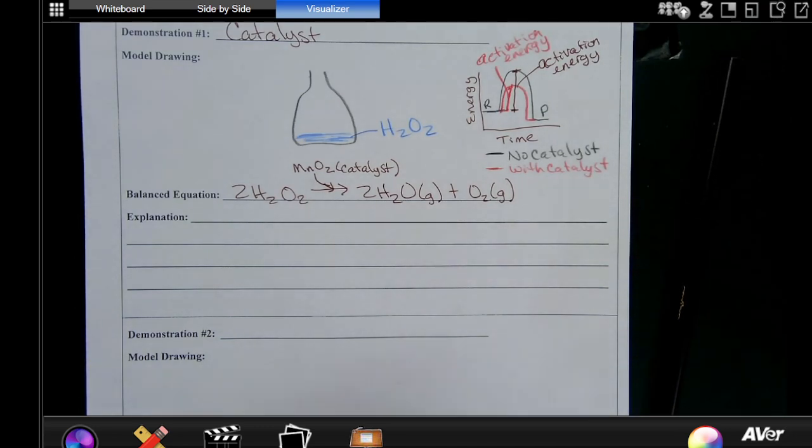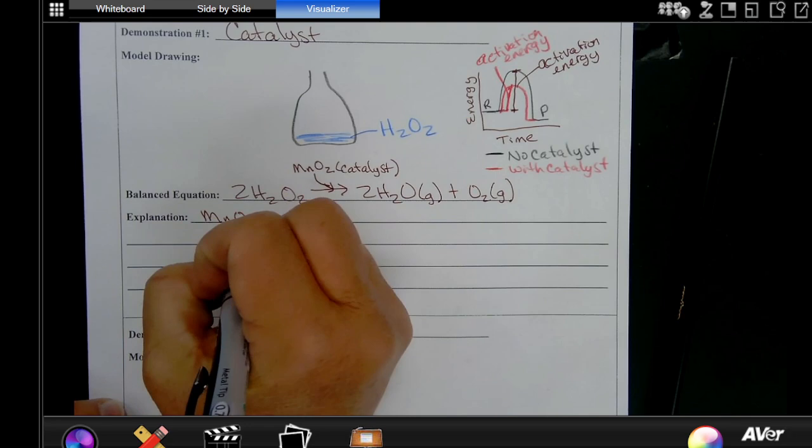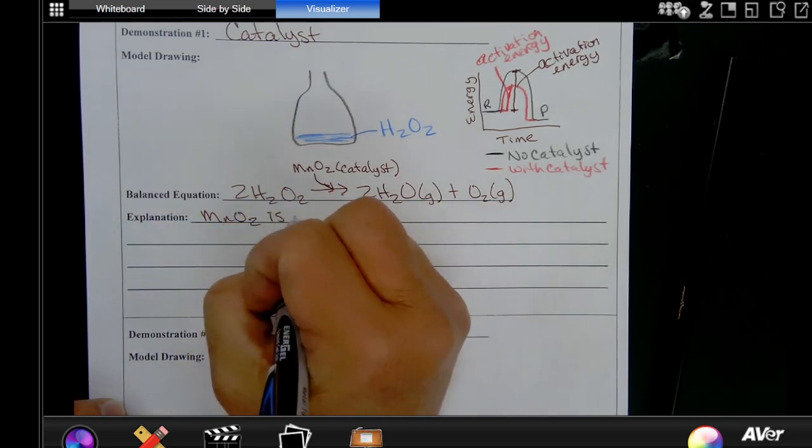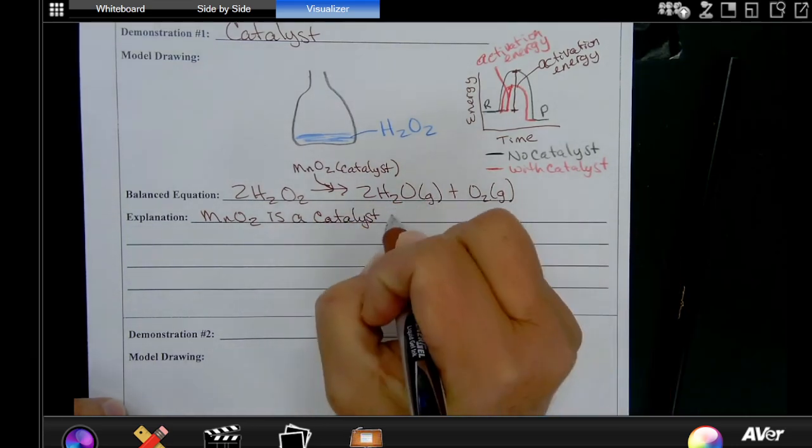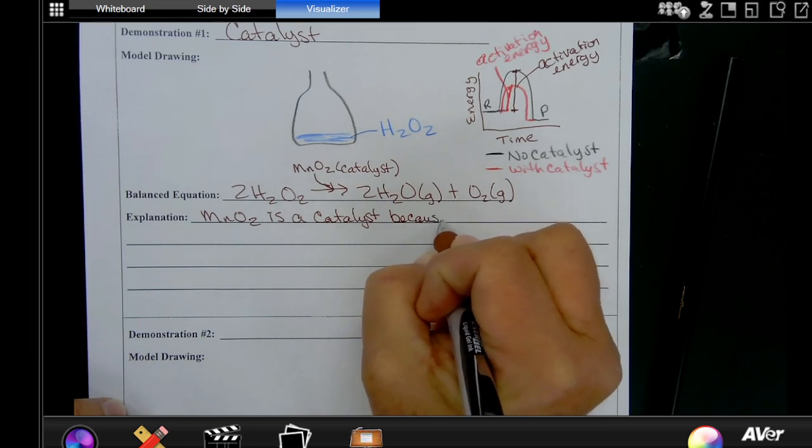So let's explain that. So manganese oxide is a catalyst because it did the two things, right?